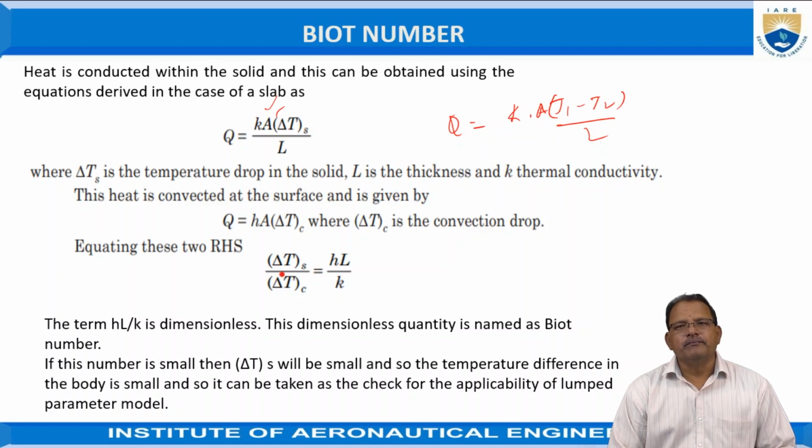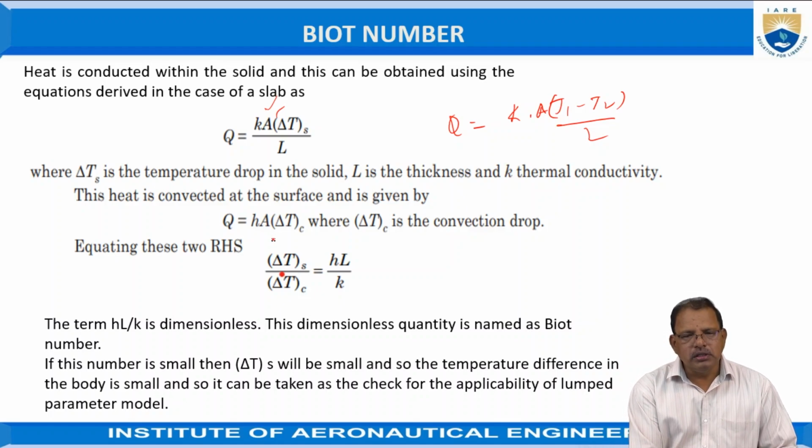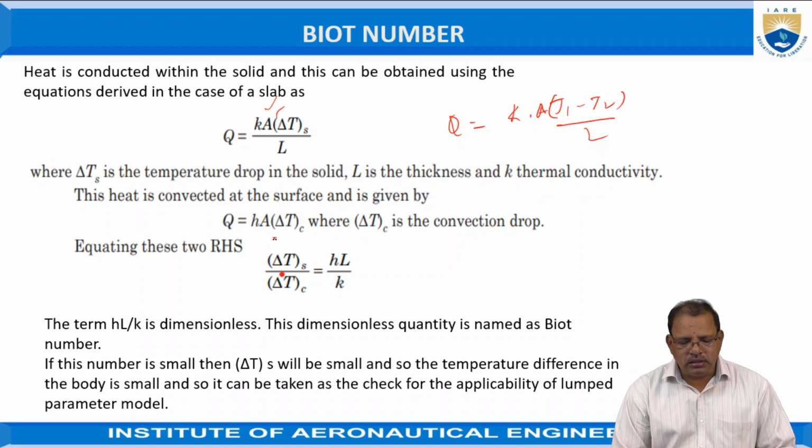The heat convected at the surface is given by Q = hA ΔT_c.